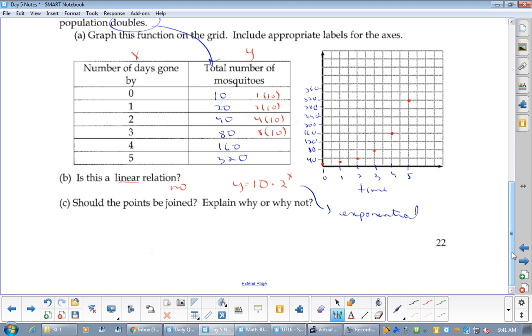Okay? So if you said yes, because it's not like it just happens at every minute, like at 30 seconds nothing's happening, right? There would be stuff happening at 30 seconds. So I agree with that one. And then I agree with you can't have a decimal mosquito, right? So your argument would be more important. So you could say no, can't have a decimal mosquito.